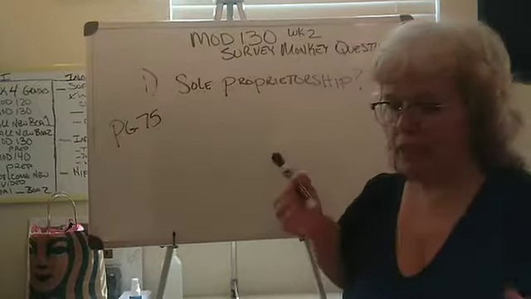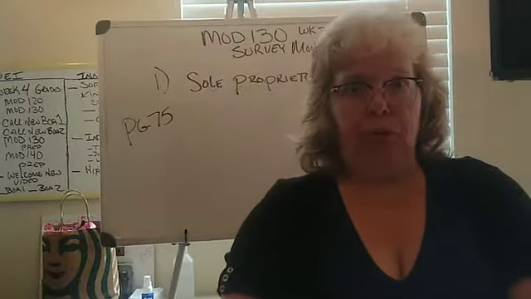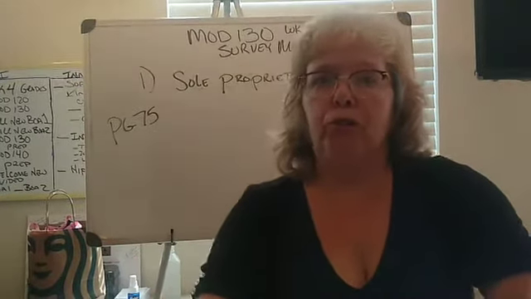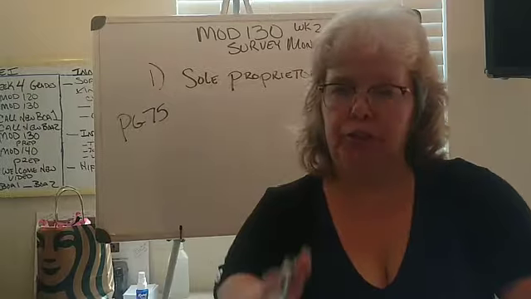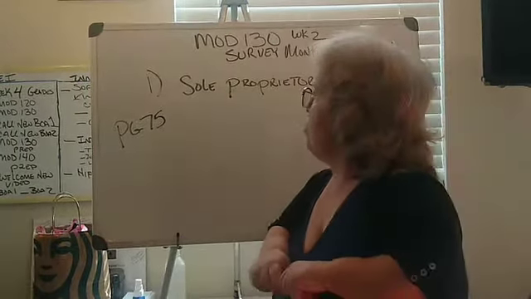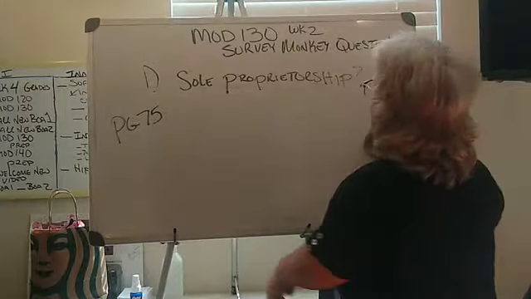So if tomorrow you go out and buy a hot dog stand and you are the owner, now you could hire people, you could have people working for you, but as far as ownership, it's just you alone. Okay? So a sole proprietorship is a business owned and operated by one individual. Page 75. All right, moving on.